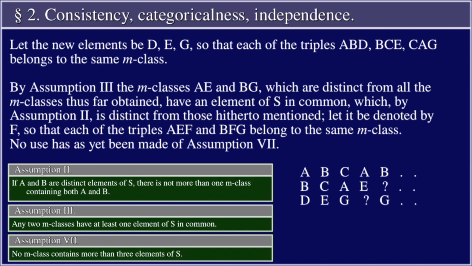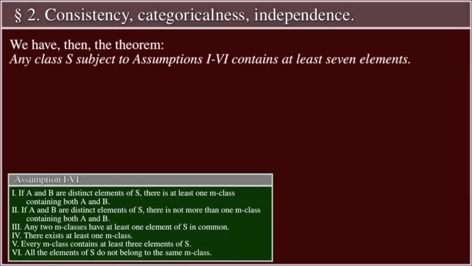Let it be denoted by F, so that each of the triples AEF and BFG belongs to the same M class. No use has yet been made of assumption 7. We have then the theorem: any class S subject to assumptions 1 through 6 contains at least 7 elements.